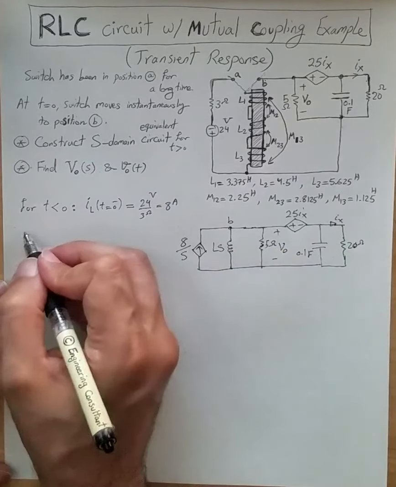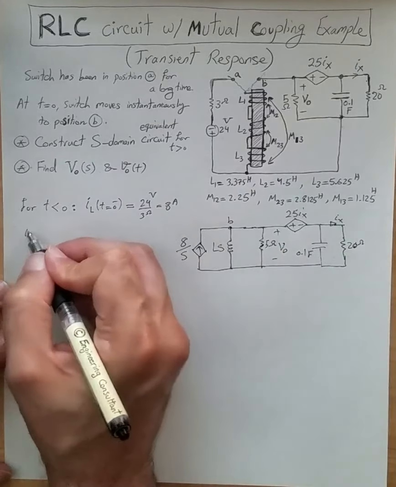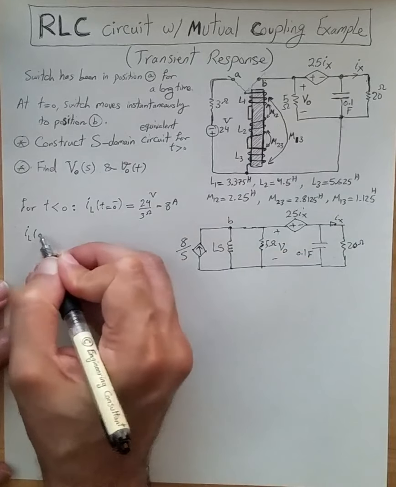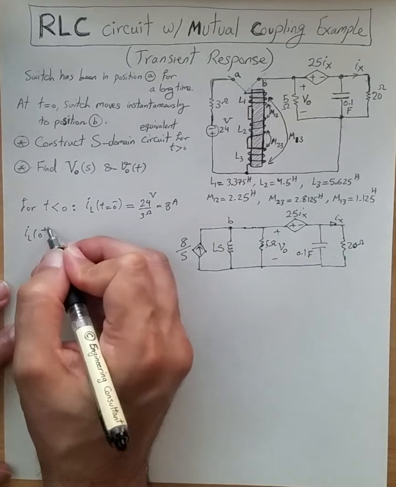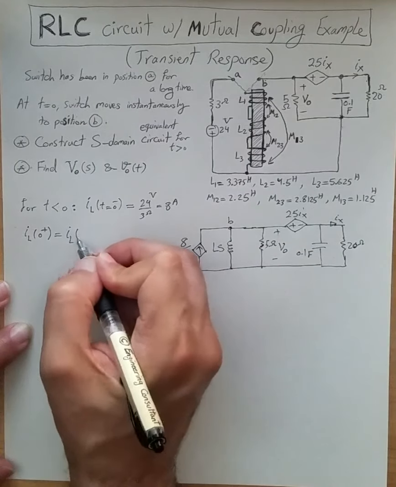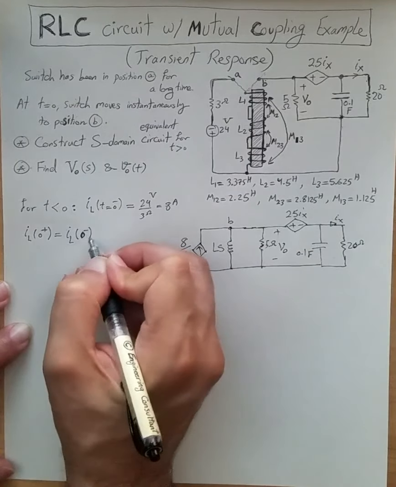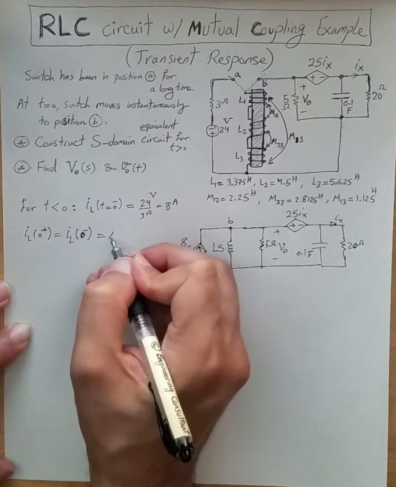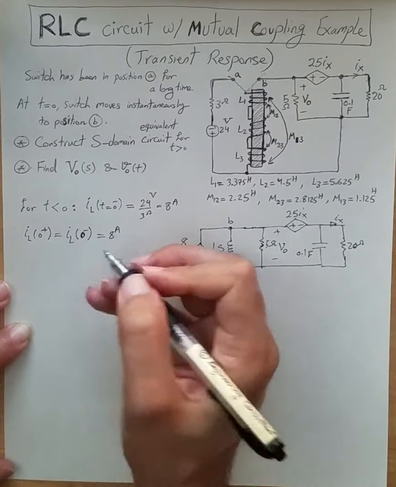Basically what we are saying is this current that we just computed, I of the inductor at time positive 0, should equal I of the inductor right before 0, which is 8 amp.